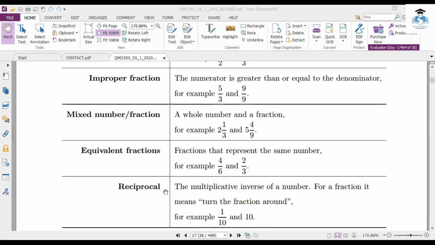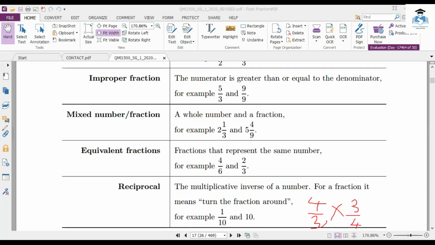Then reciprocal is just the opposite. So the reciprocal of 1 over 10 is 10. So in other words, if we have got 4 over 3, the reciprocal of 4 over 3 is just 3 over 4. You just flip.